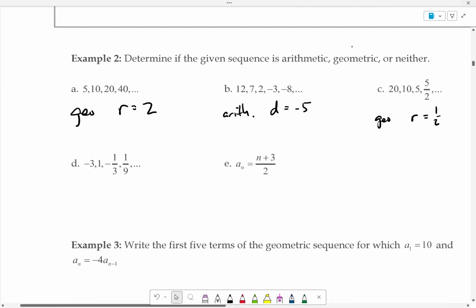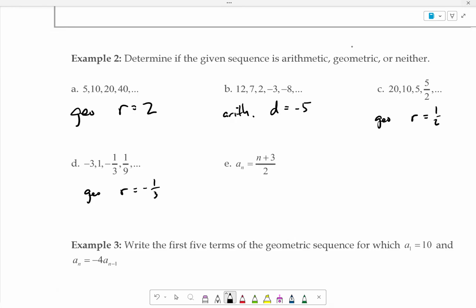D, what is it? Geometric with a common ratio of -1/3. Was E anything? So it's a neither, right? Maybe both? Neither?